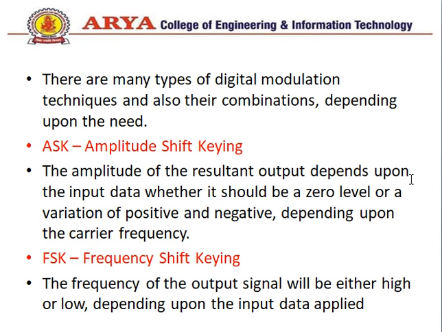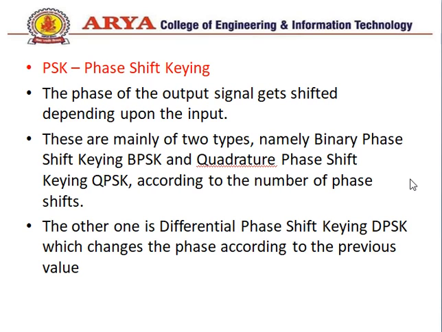Right? In the FSK, the name itself suggests the frequency of the output signal is changed according to the input signal. The frequency of the output signal will be either high or low depending upon the input data applied. Next is phase shift key. The phase of the output signal gets shifted depending upon the input.